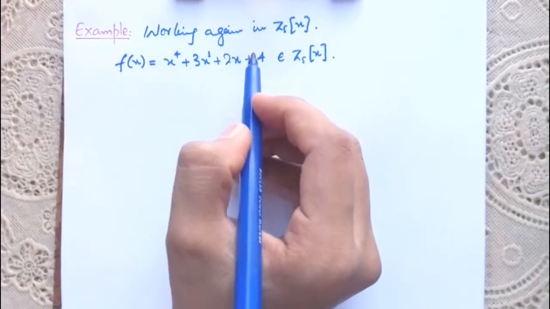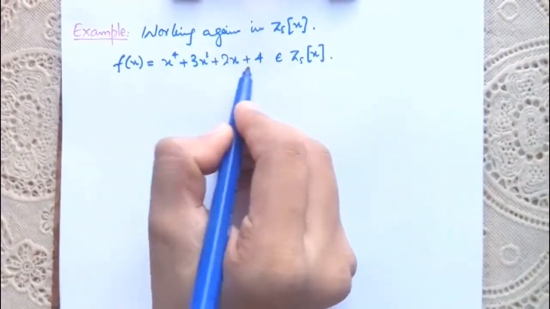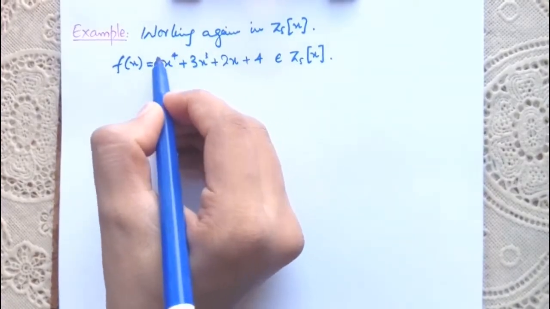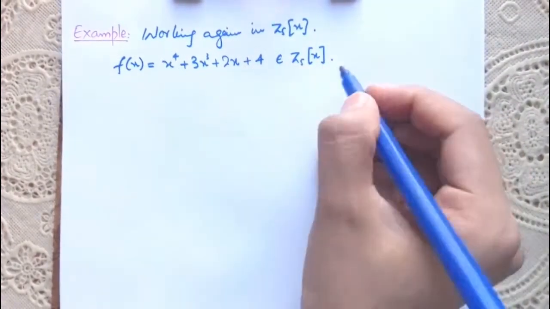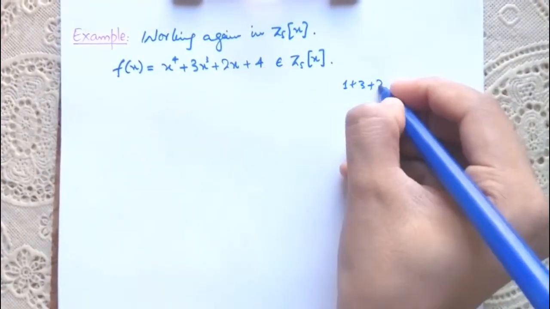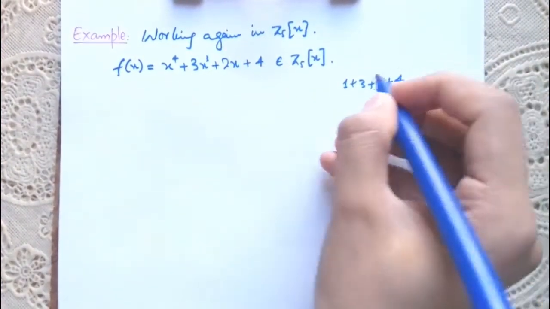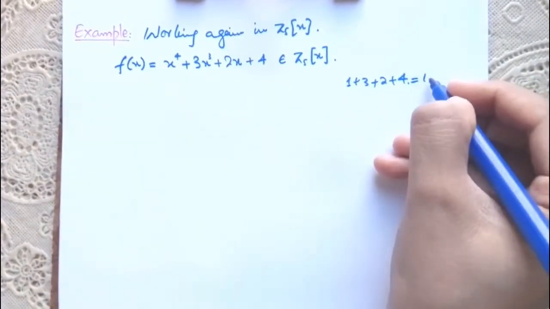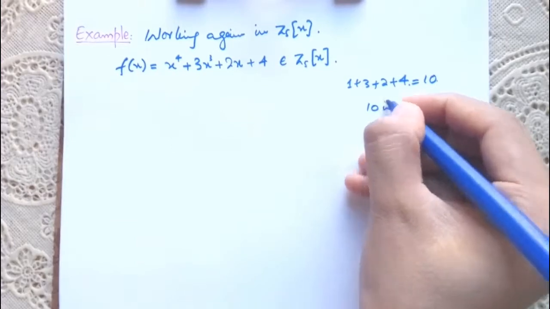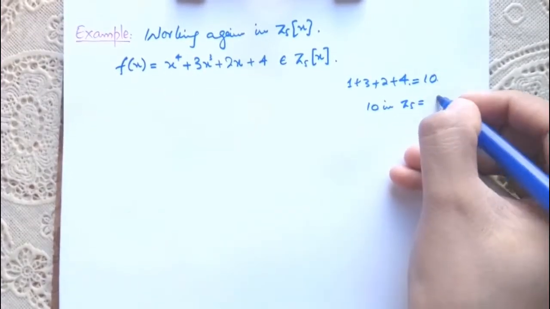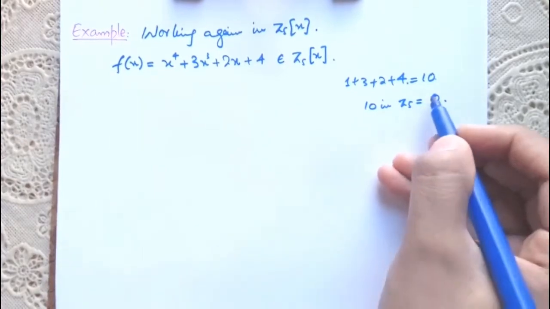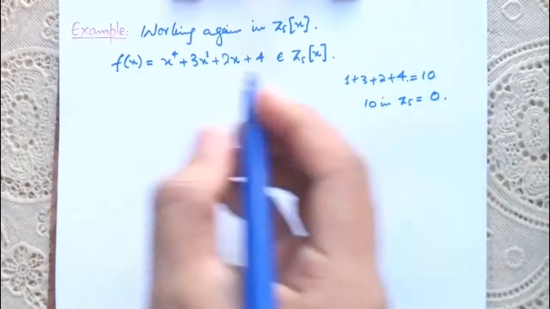Now note that 1 is a 0 of this polynomial, because if we substitute 1 in place of x, we get 1 + 3 + 2 + 4, which is equal to 10, and 10 in Z5 is equal to 0, because 10 is a multiple of 5.